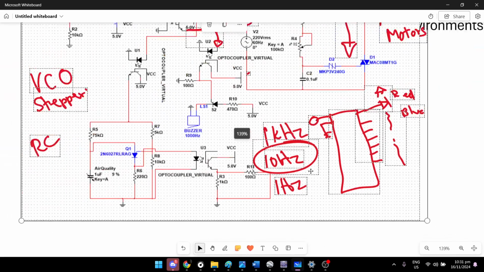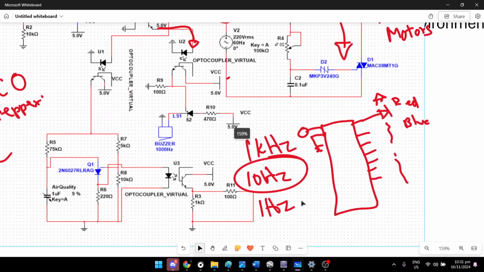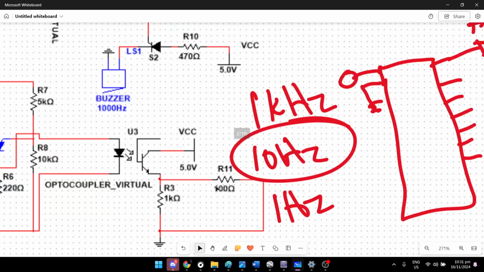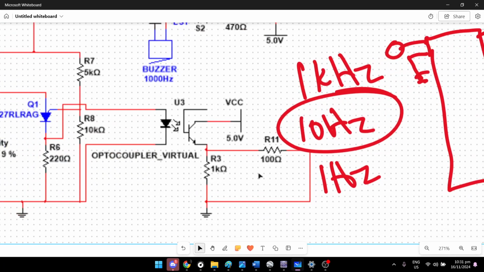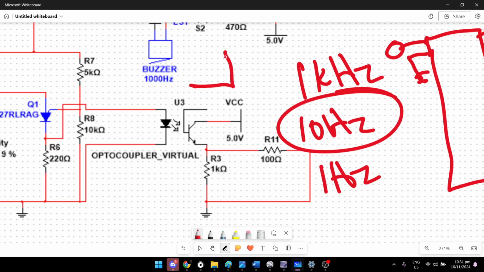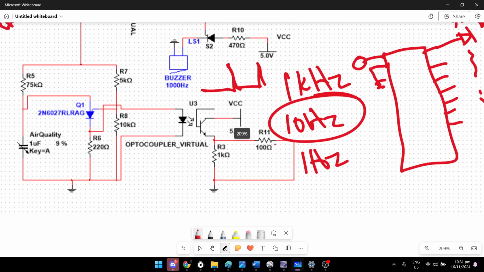So that's the main gist of the circuit. However, in this case, I simply use a simple resistor here. But in reality, we can use any other actuators that will respond to just a simple pulse like that, similar to the output of a differentiator.